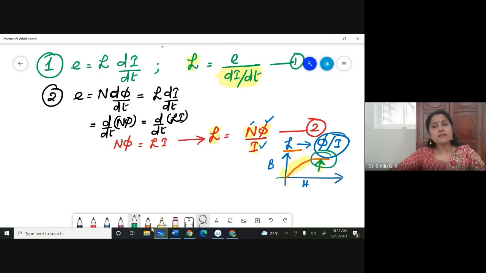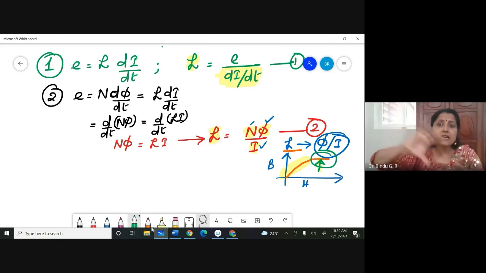So whenever you design an electrical machine, I'm coming back to that. Whenever you design an electrical machine, sorry, I'll stop within 2 or 3 minutes. Whenever you design an electrical machine, it is usually designed so that the flux density or the flux and all those parameters will come in that particular machine in such a way that the flux and I remain constant.